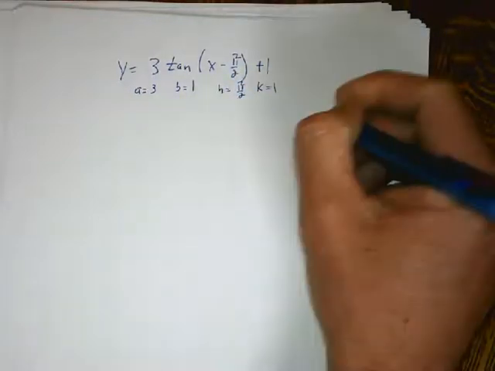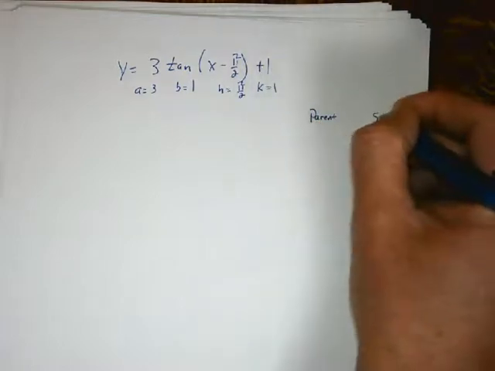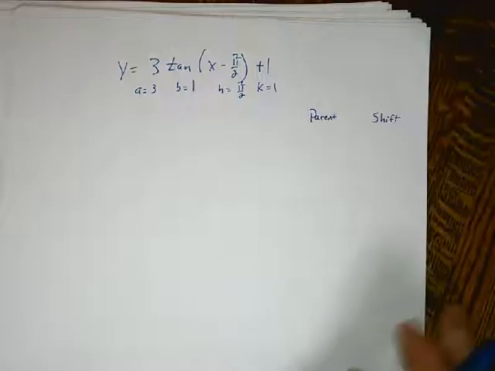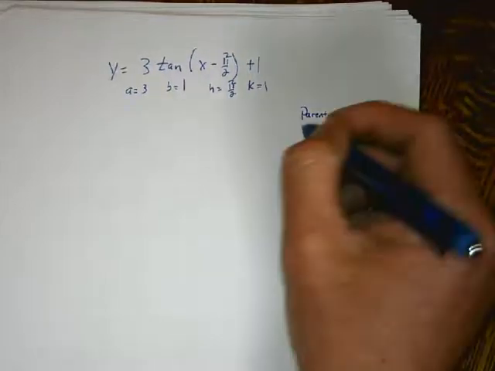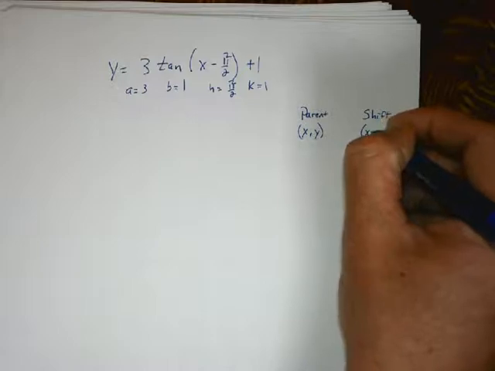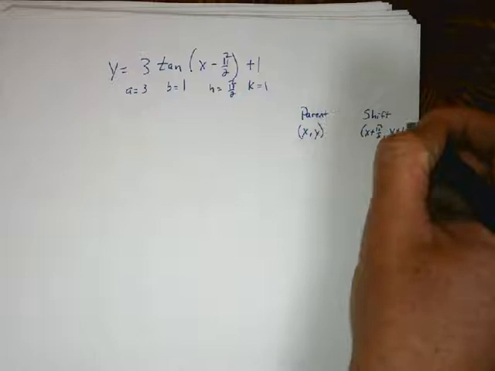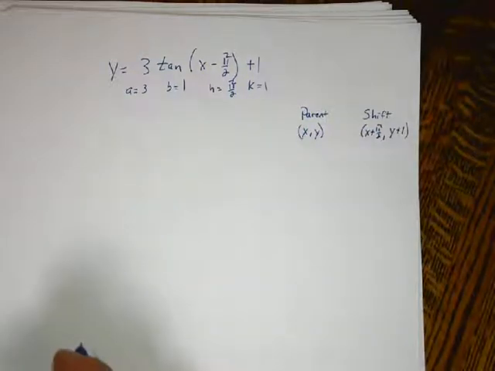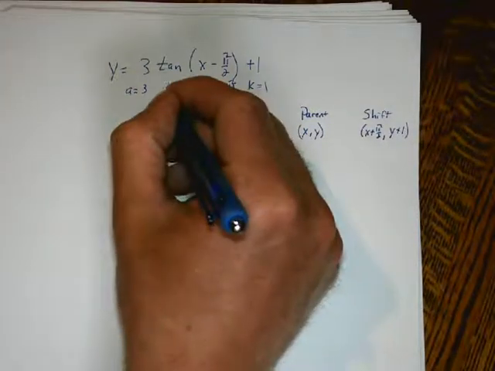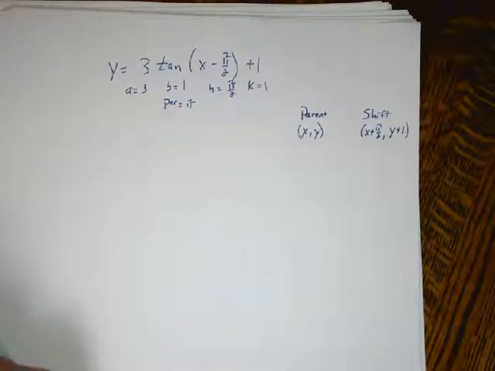So we know we'll have our parent, and we'll have our shift. We know that the parents are just the regular x y points. Our shifts are going to be x plus pi over 2 and y plus 1. Okay. Our period is going to be pi, because it's pi over b, and b is 1.